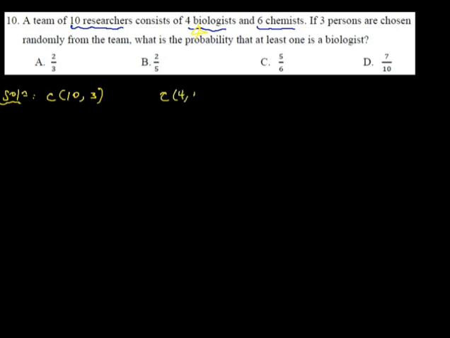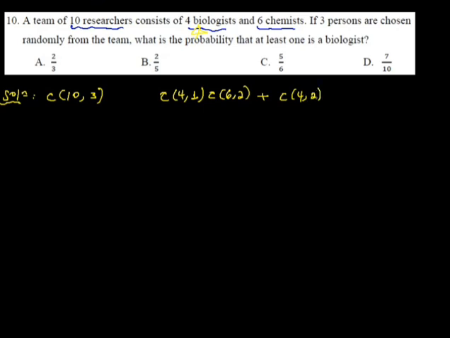If we want to select at least one, that means we can take 1 biologist or 2 or 3. So if I take 1 biologist from the group, 2 will be from the chemists. There are 6 chemists. The other option is to take 2 biologists, because it says at least 1 biologist. That means I can take 1 or 2 or 3.